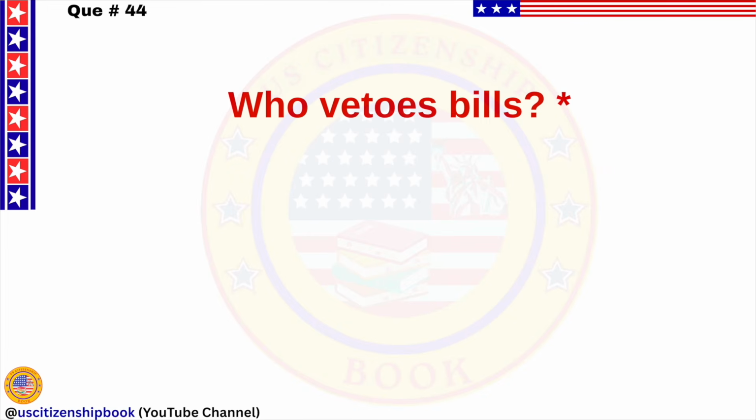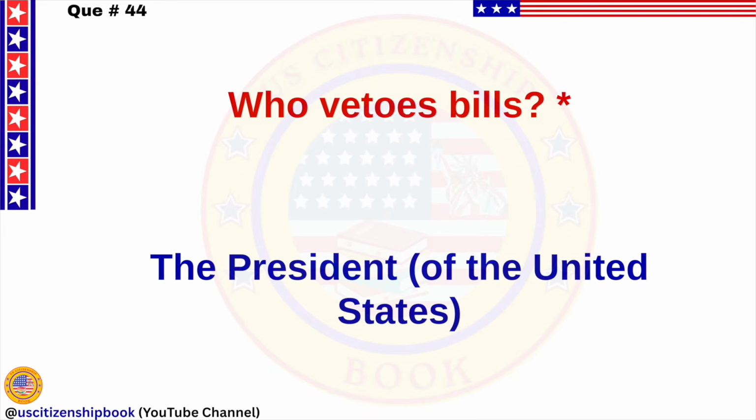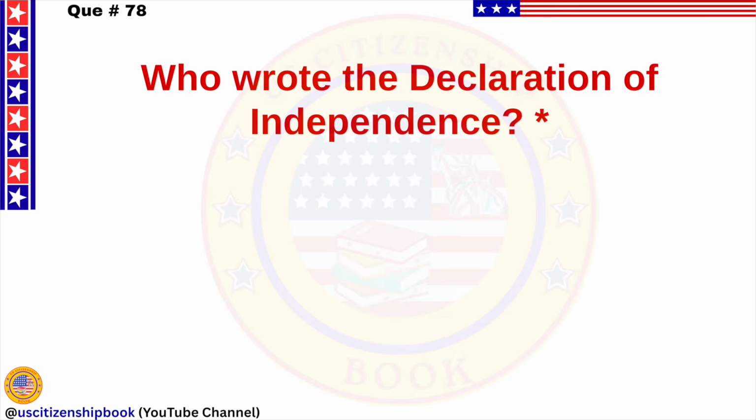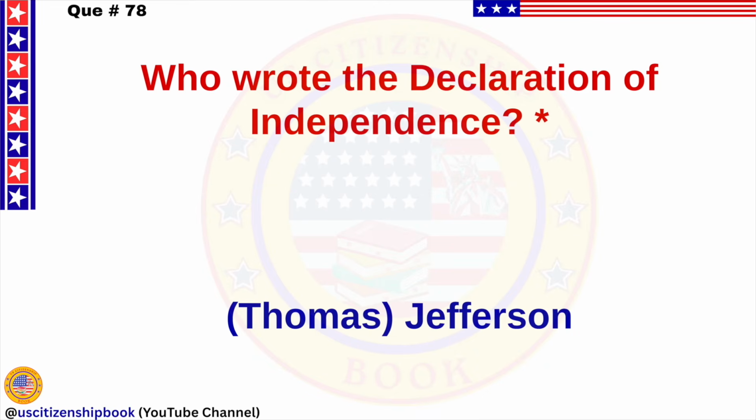Who vetoes bills? The President of the United States. Who wrote the Declaration of Independence? Thomas Jefferson.